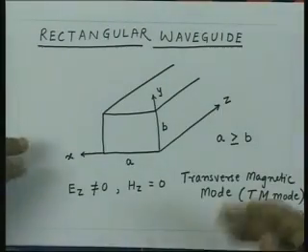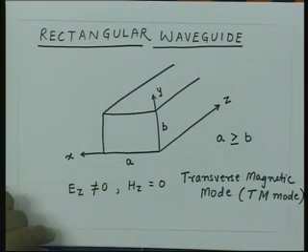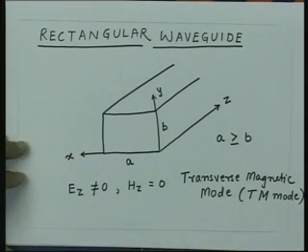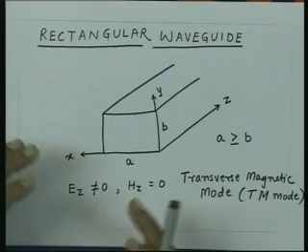So, the problem has to be solved in two steps. One is first finding the solution for this longitudinal component Ez, then finding out the transverse components, and then applying the boundary condition, finding the proper solution to this structure which is the rectangular waveguide.